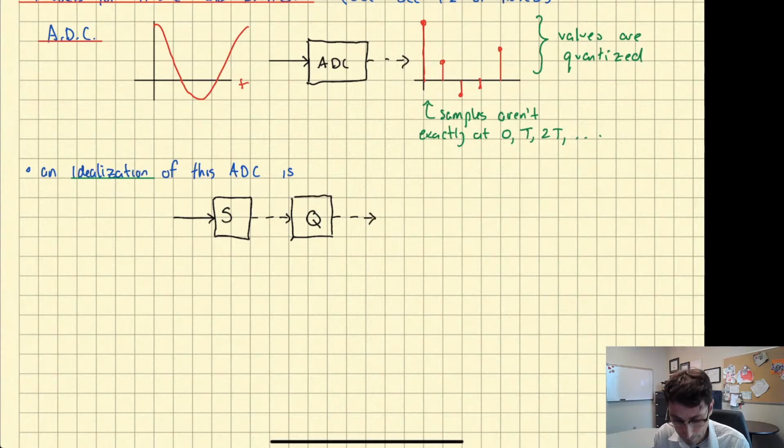Okay. So in this picture, what do we have? S is the ideal sampler.